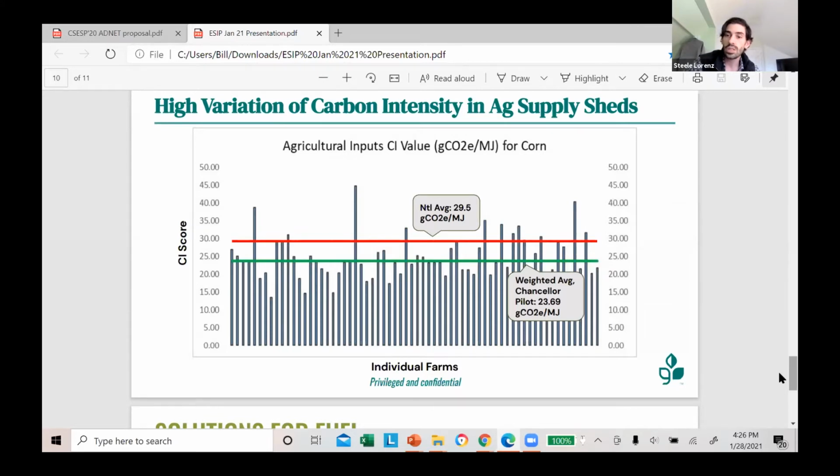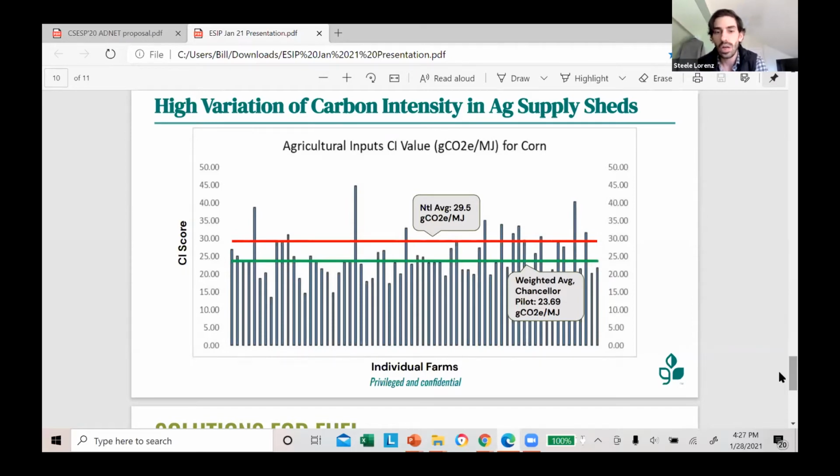So the reason why it's important to be able to measure the carbon intensity for growers at the farm level is because in the example of biofuels, when you're selling into regulatory markets that provide credits back for beating certain carbon intensity standards, in fact, there is quite a bit of opportunity to both show where actuals are today for given supply chains.